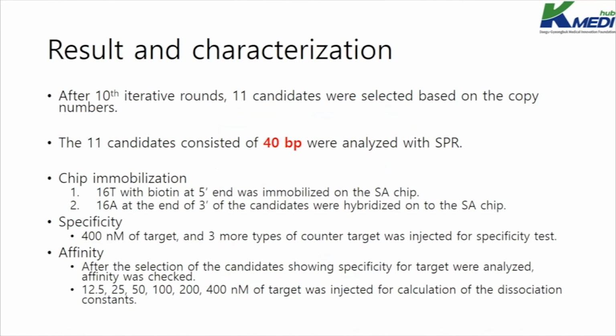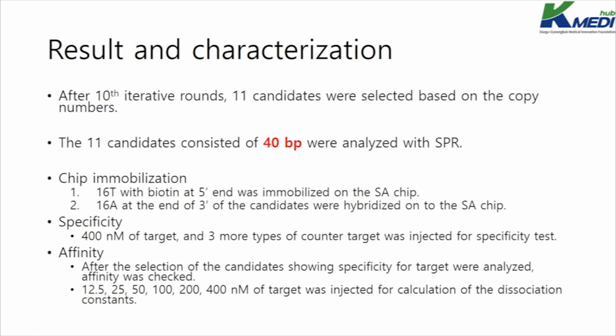And yeah, after 10 times repeating, 11 candidates were selected, and these 11 candidates have 40 base pair, and this 40 base pair sequences were analyzed with SPR, and this sequence was analyzed for the specificity and the affinity.